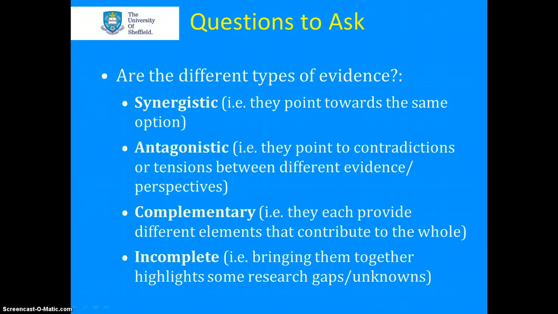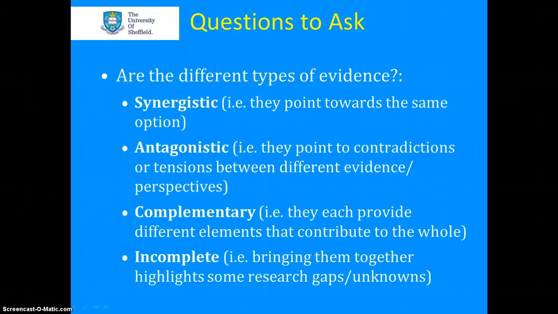Of course, one of the benefits of using research from different paradigms, the quantitative and qualitative paradigms, is that they may have a complementary function, so that they will help round out the picture for decision making and help you feel that you're able to take multiple factors into consideration in making your decision.